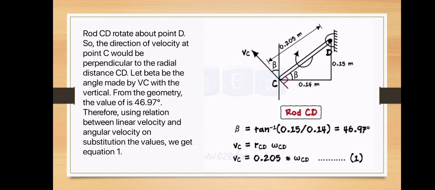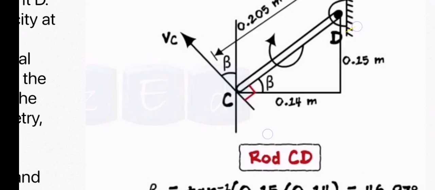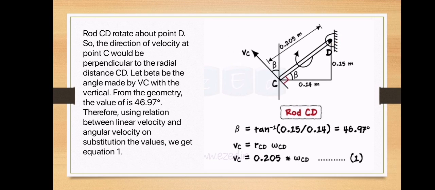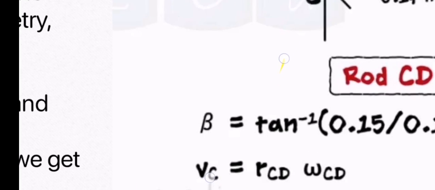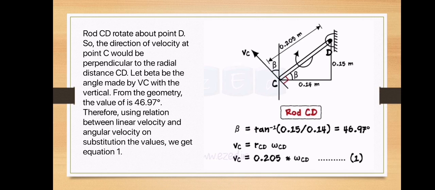Consider rod CD. Rod CD rotates about point D. So the direction of the velocity at point C would be perpendicular to the radial distance CD. Let beta be the angle made by VC with the vertical.